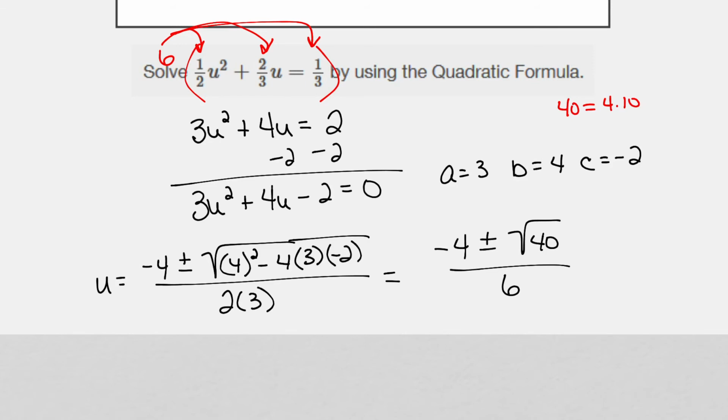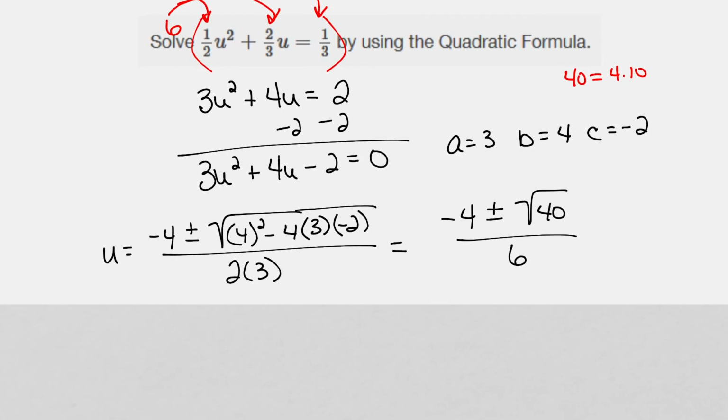Yeah, that's about as good as that thing gets. Okay, so I can take the square root of 4. So I've got negative 4 plus or minus 2 square roots of 10 all over 6. So u is equal to, and look, all these are even again.